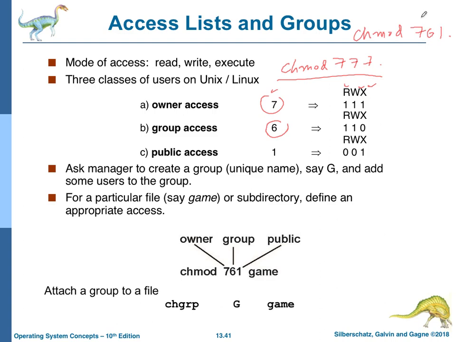This means the owner can read, write, and execute, while the group can only read and write but cannot execute, while the public, everybody else, can only execute, but they cannot read or write. So these are some protections which are provided by Unix or Linux systems.